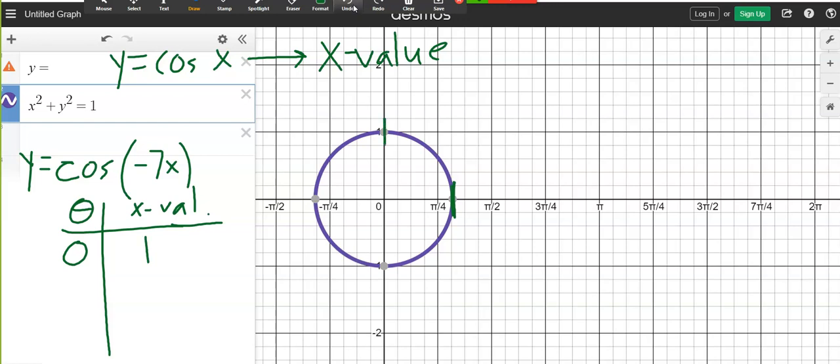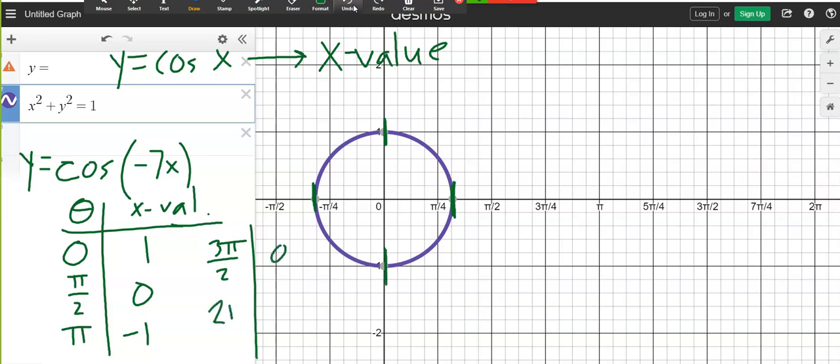What about your x value at pi over 2? 0. What about at pi? What is your x value? Negative 1. And at 3 pi over 2, what is your x value? 0. And at 2 pi, what is your x value? 1.